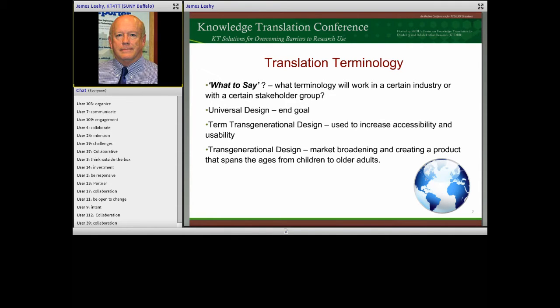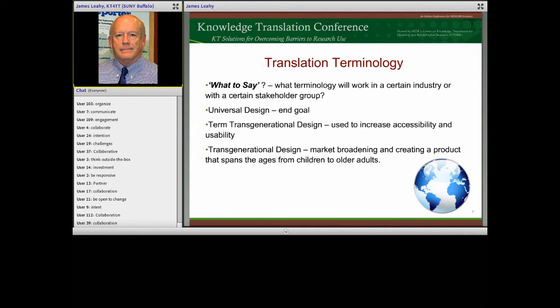For example, if I'm trying to increase the usability and accessibility of a mainstream product, talking with a company, I will use the term transgenerational design, a term coined by Dr. James Pirkl of Syracuse University. Here we speak to companies about market broadening and designing a product with increased usability and accessibility characteristics that will allow the use of a product to span the ages from children to older adults.